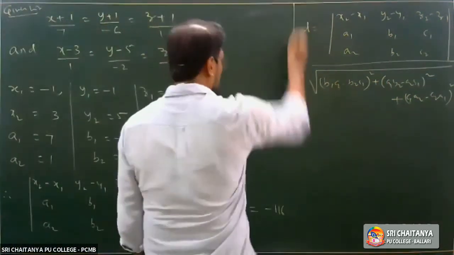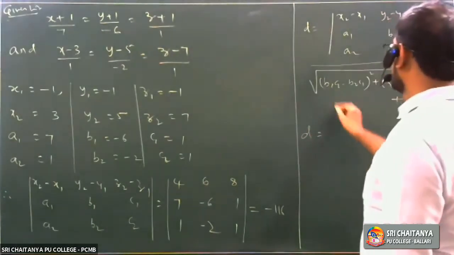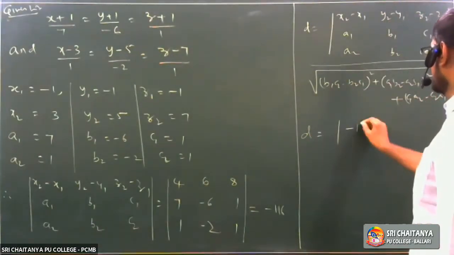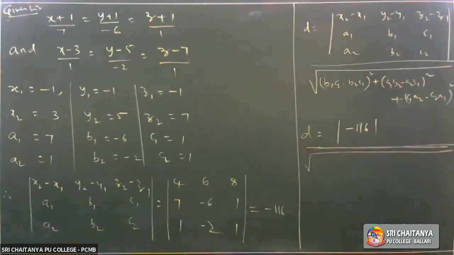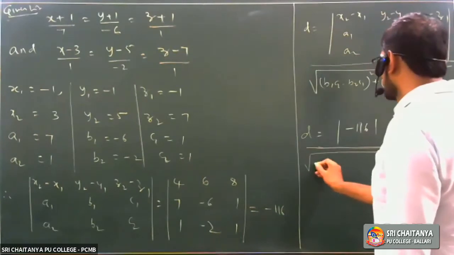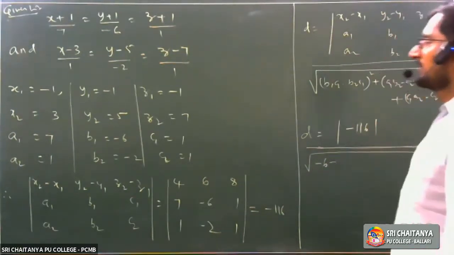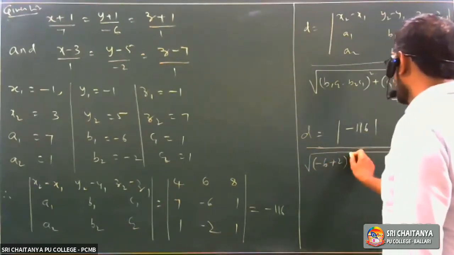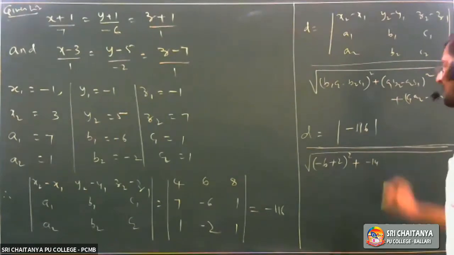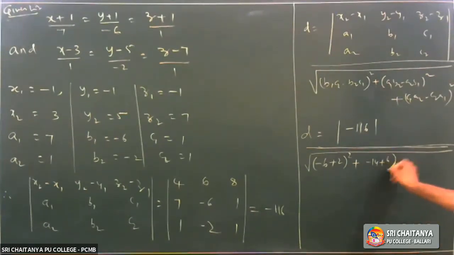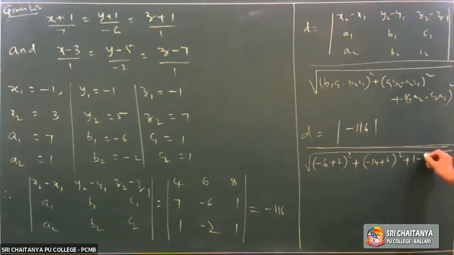After that, apply in this formula. You are going to get D is equal to positive mod of minus 116 upon, observe now, root over (b1 c2 minus b2 c1), b1 value is minus 6 into 1, minus b2 c1, minus of minus, which is plus 2, whole square, plus (a1 b2 minus a2 b1), minus 14 plus 6 whole square, plus (c1 a2 minus c2 a1), 1 minus 7 whole square.